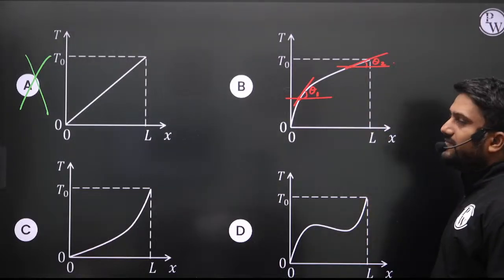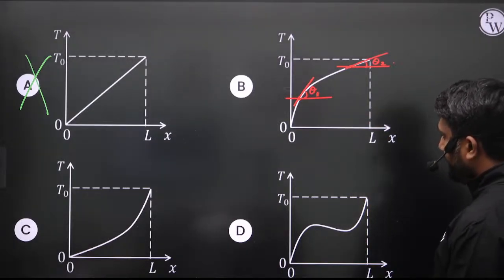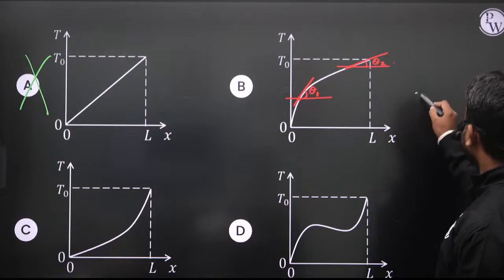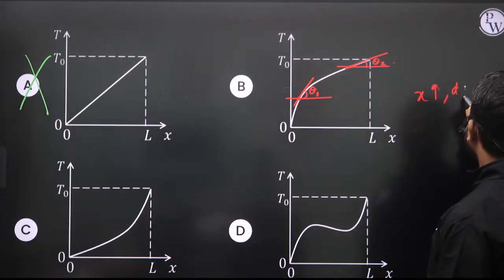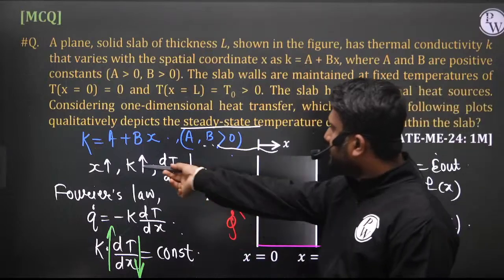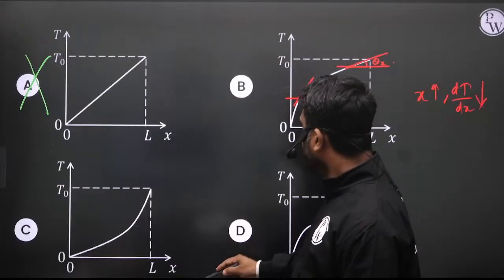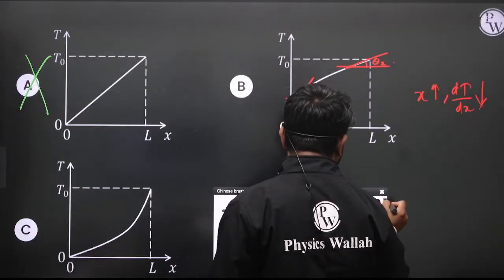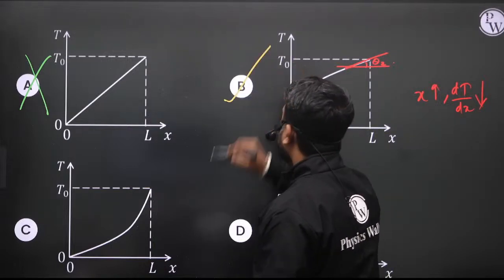So in this graph, dT by dx decreases as x increases, and this is required. So the correct option is option B.